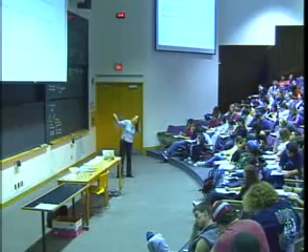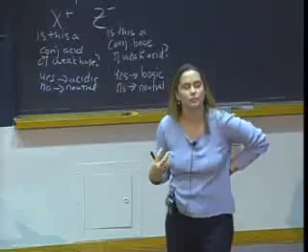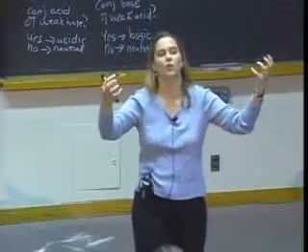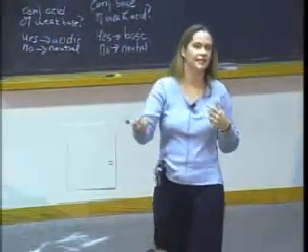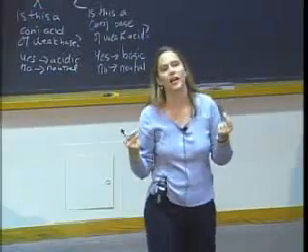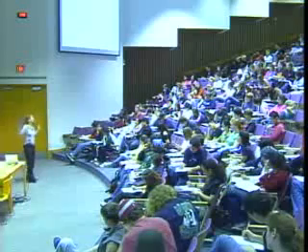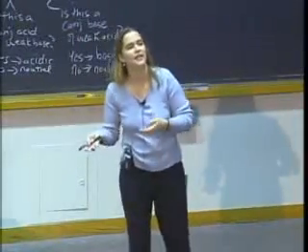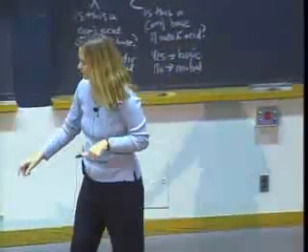This is ineffective as a base, so you're not going to push it back the other way. So you're only going to have a good buffering system with a weak something and its conjugate that's also a weak something. So a weak acid and its conjugate weak base, a weak base and its conjugate weak acid. That will buffer because it'll go both directions. So both conjugates have to work as an acid or a base. If you have a strong acid, then its conjugate is ineffective as a base, it won't work. If you have a strong base, then its conjugate is ineffective as an acid, and it won't work.